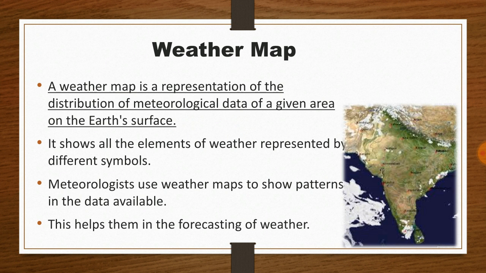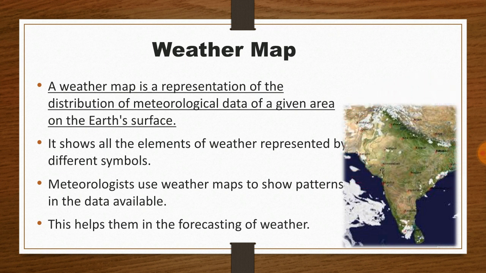So it is collected and represented on a weather map. It is a map that has a lot of data about the weather condition of a particular region. See here, this is a weather map of India of a particular time, of course.